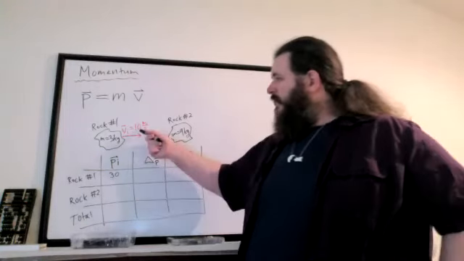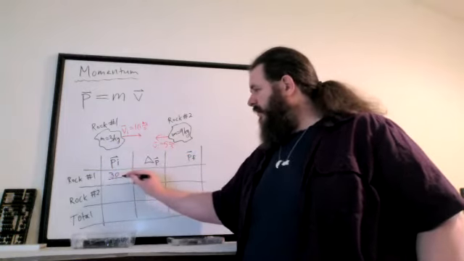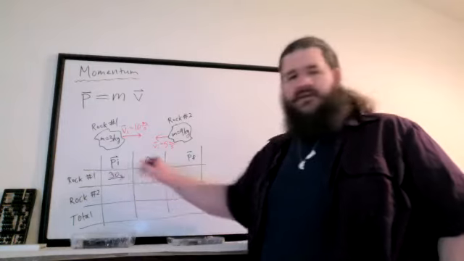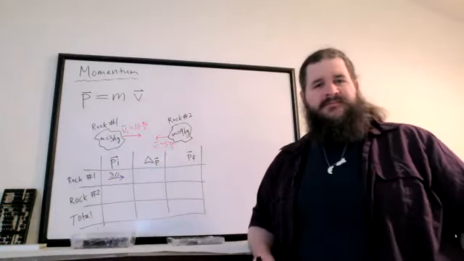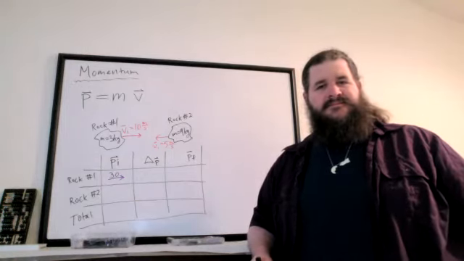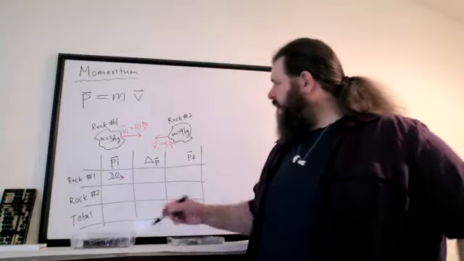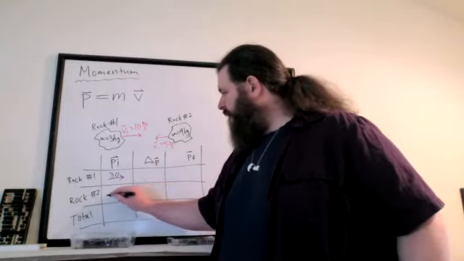Although since direction matters, we should specify 30 to the right, which we usually do by just drawing an arrow. So 30 to the right. And what about for rock number 2? 45 to the left. Yeah, 9 times 5 would be 45 to the left.